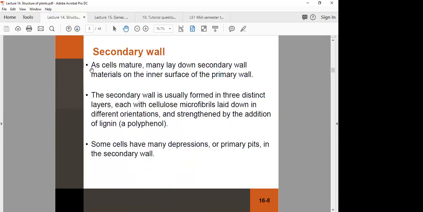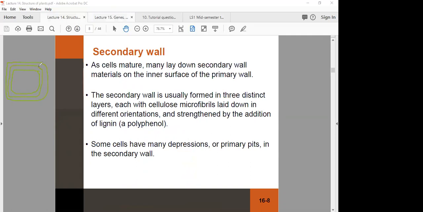As cells mature, certain cell types will lay down a secondary cell wall, and this is laid down on the inner surface of the primary wall. So let's just draw that. Here we have the primary cell wall and the plasma membrane, and then the secondary wall is laid down in between the two.